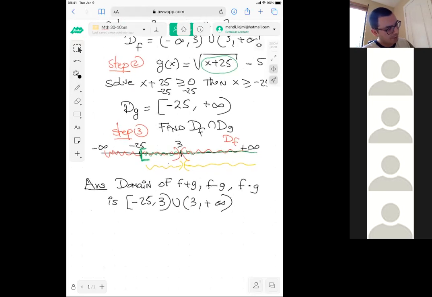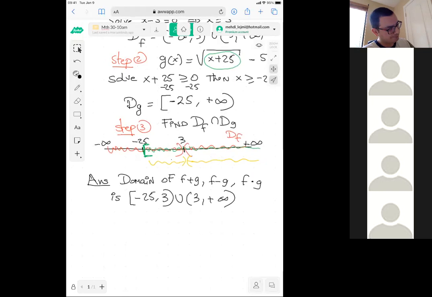Now, for F over G, we have to solve G of X equal to 0.